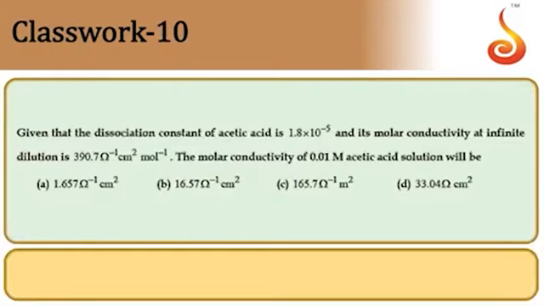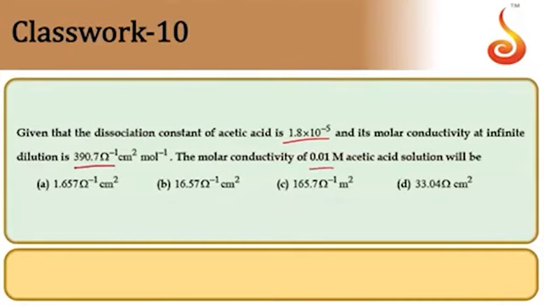Next one. Given the dissociation constant of acetic acid, that is Ka of acetic acid, and its molar conductivity at infinite dilution is 390.7 ohm inverse centimeter square per mole. The molar conductivity of 0.01 molar acetic acid solution will be?